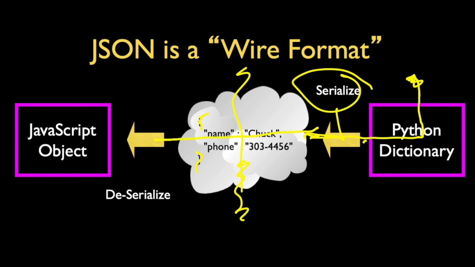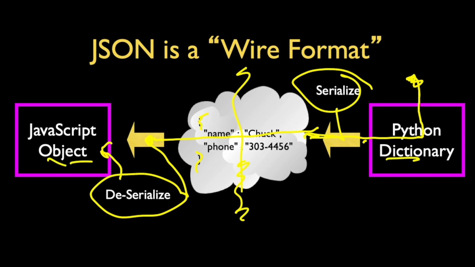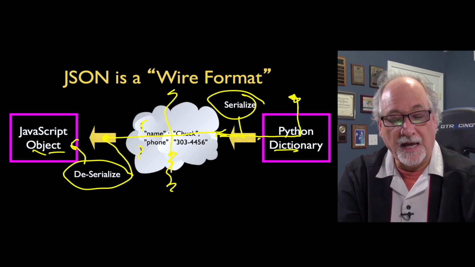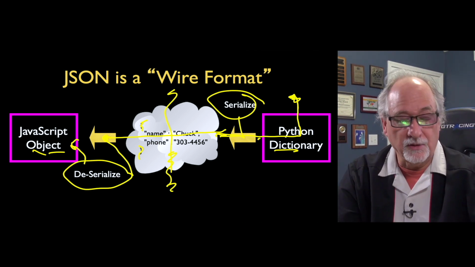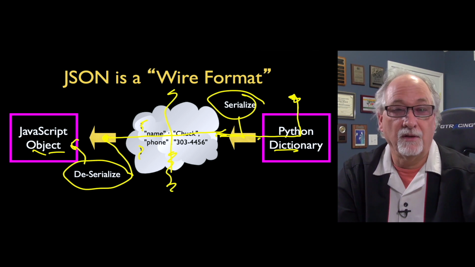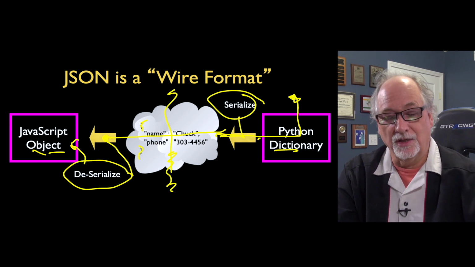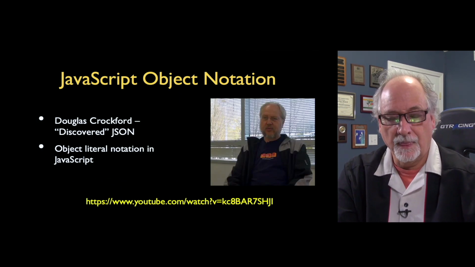Then it's transported, and then the destination end grabs it, deserializes it, decodes it, and then puts it into whatever form. In this case, it started out as a dictionary and it came back as an object. That's the idea, that JSON is what it is while it's moving. Serialization is encoding it for movement, and deserialization is decoding it for movement.